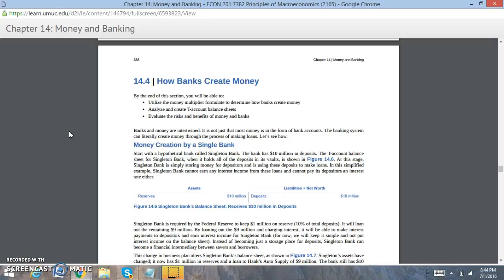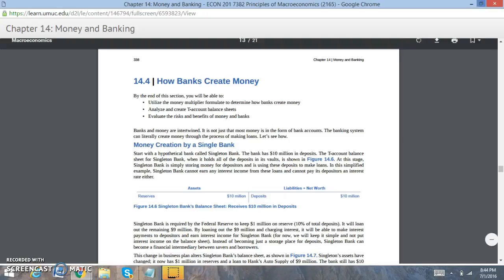So if someone goes to the bank, out of that $100 deposit, they can loan out $90. And when this occurs, it creates a lot of spending from an initial deposit. And I think you'll find it a very interesting section as well.